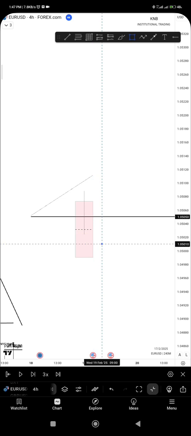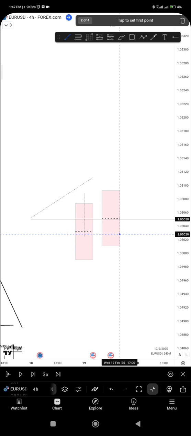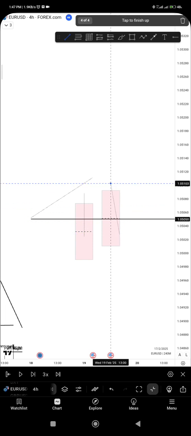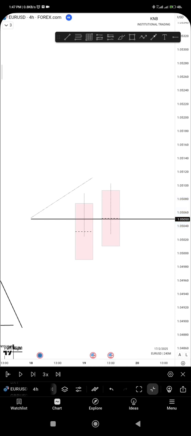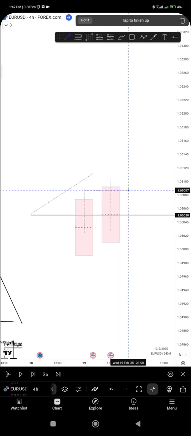So price goes above this, then you want to see another divergence. It's a divergence inside a divergence. This is the best way to get your most confirmed CRT setups.